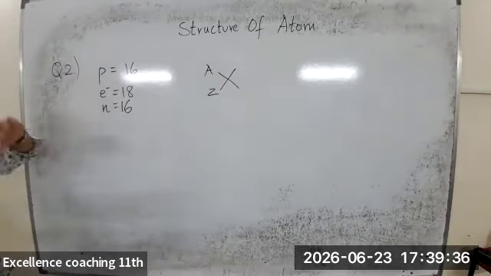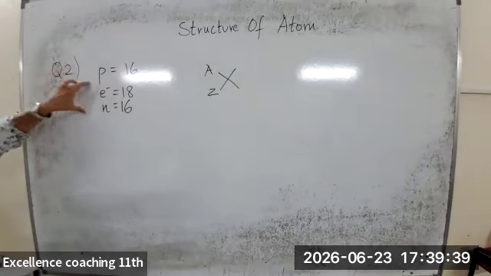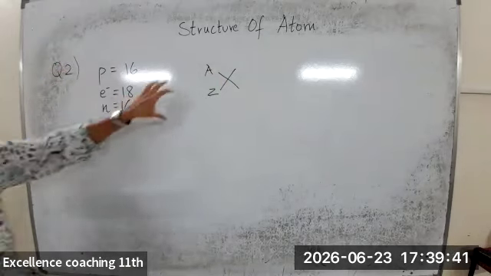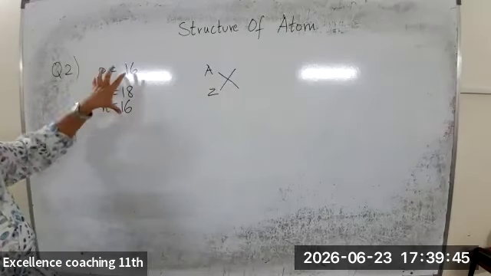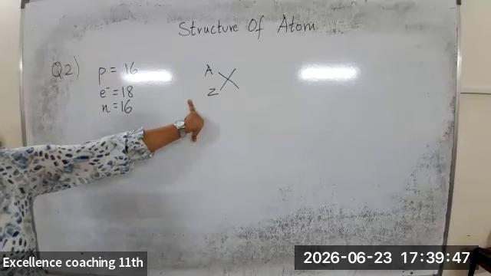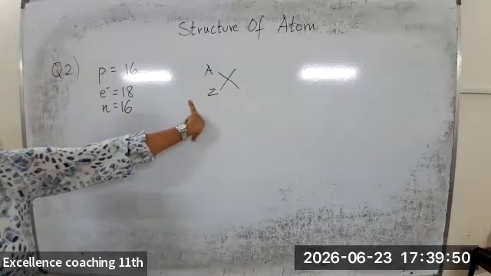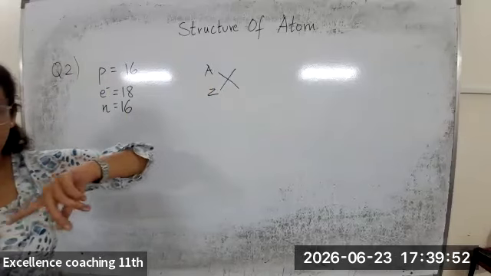I'm given the number of protons, electrons, neutrons, and I have to represent whatever is given in this form. So what will I have to find first? Mass number and atomic number, right?